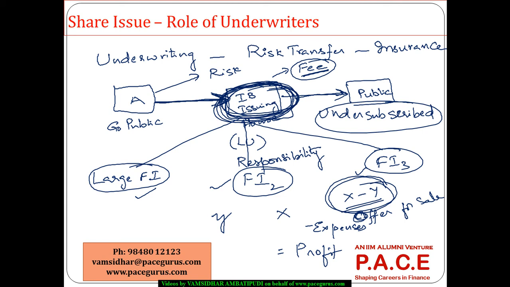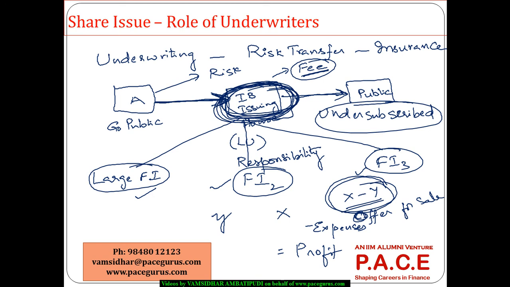But when the issue becomes undersubscribed or not fully sold to the public, they are left with some unsold shares. Until they get all those shares disposed of, they cannot realize a profit in this transaction, and that is the additional risk that they are taking up.